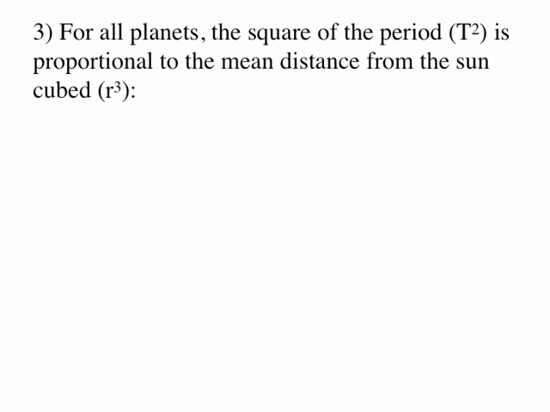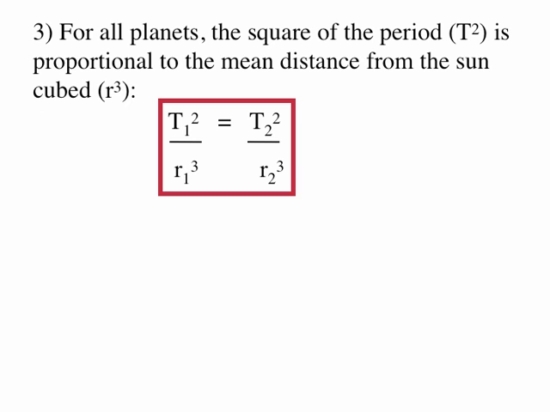Kepler's third law of planetary motion relates the period to the distance the planet is from the sun, specifically stating that the period squared is directly proportional to the mean distance from the sun cubed. So period squared over distance from the sun cubed equals a constant value.